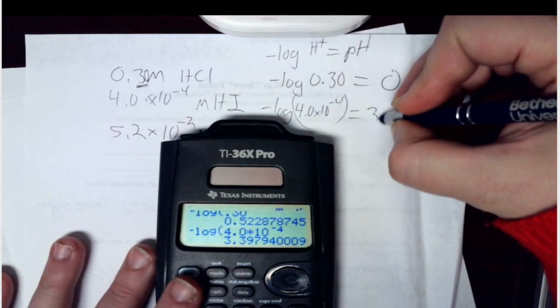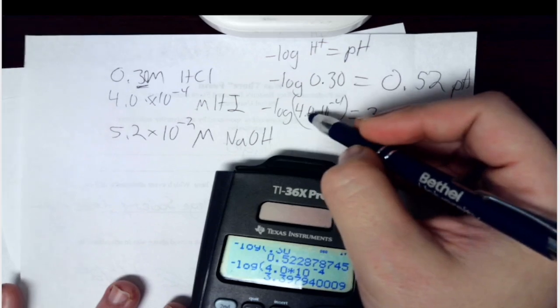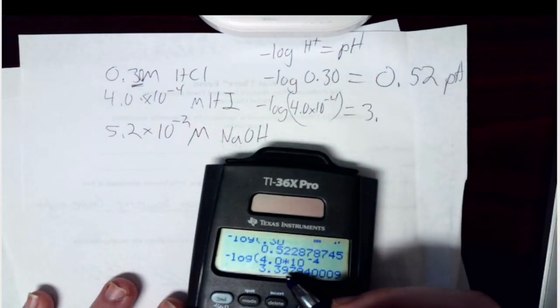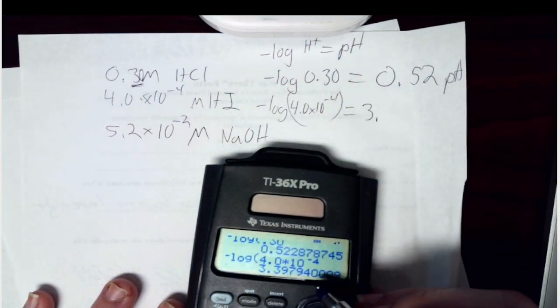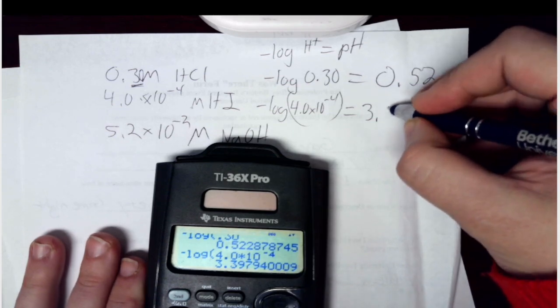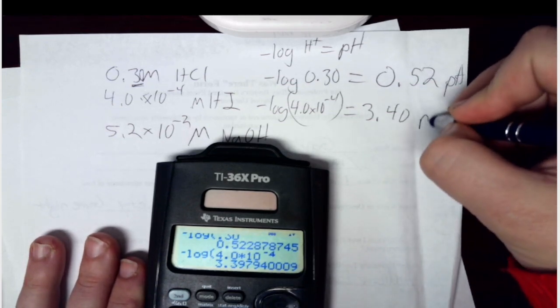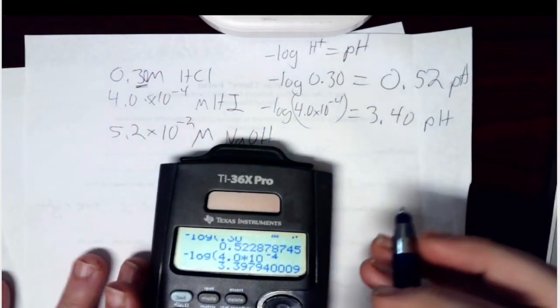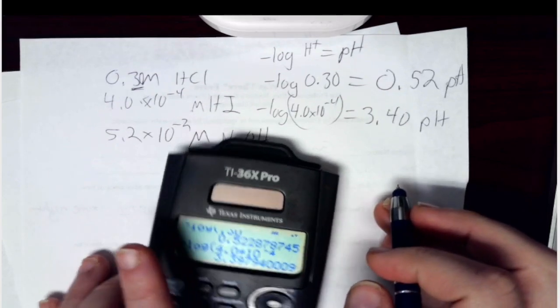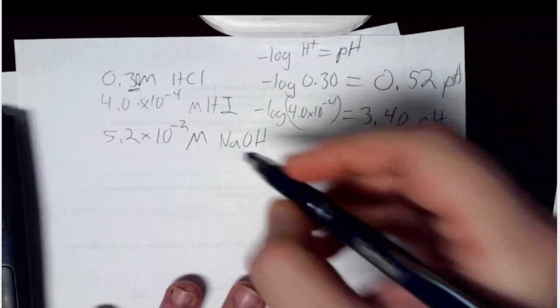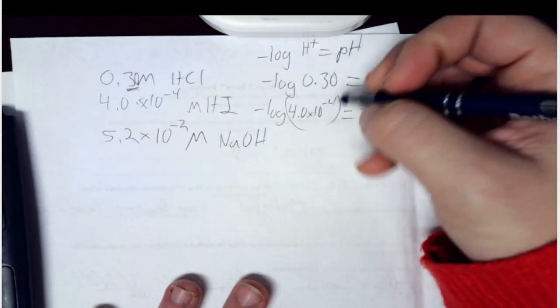So we get 3. Since it's 4.0, that's going to control where those two numbers go. So this one rounds to 3.40 pH.